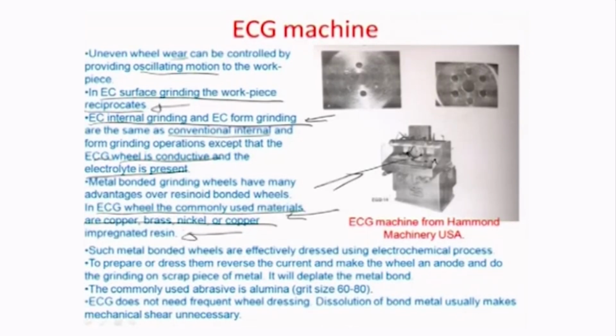And such metal bonded wheels are effectively dressed using the electrochemical process. So there does exist a dressing option here, but it has to be very less frequently used. And the only thing which is needed for dressing is that, because in the ECG process you have electrochemical dissolution, you have to just reverse the dissolution, so that the dissolution happens from the tool side rather than the workpiece side.